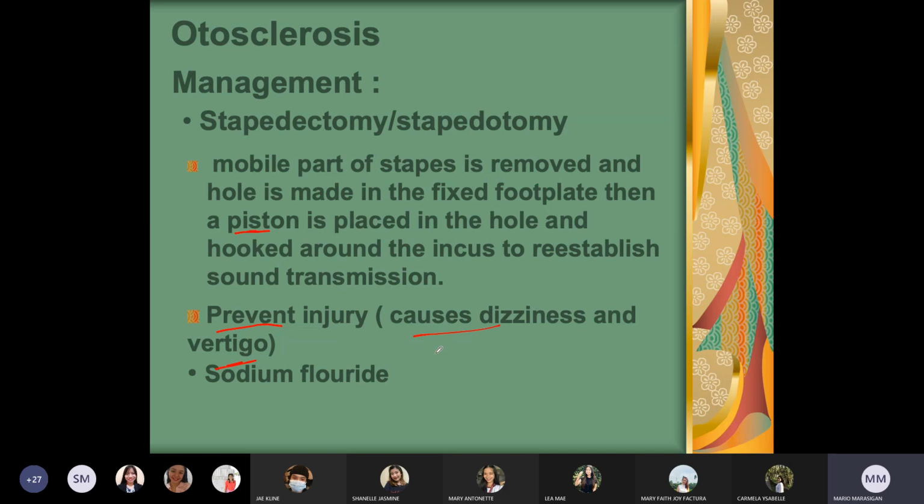But this is not the same with your antihistamine drugs. No? Hearing aid, mga anak, alam nyo naman that the hearing aid will not cure the deafness. Ibig sabihin, hindi niya mapapagaling yung iyong pagkabingi. Okay? Pinalalakas niya lang yung sound.